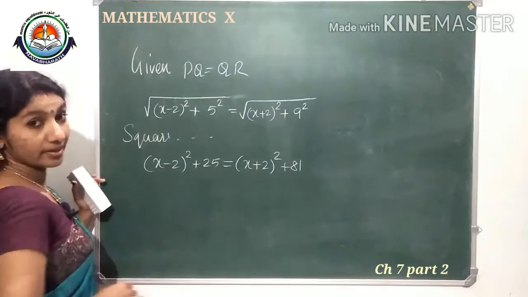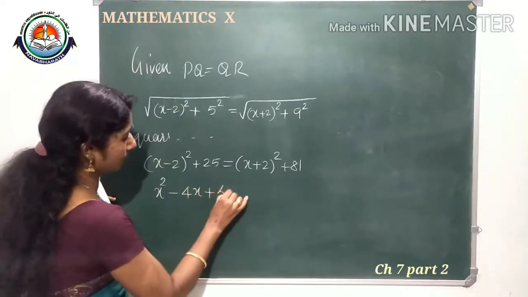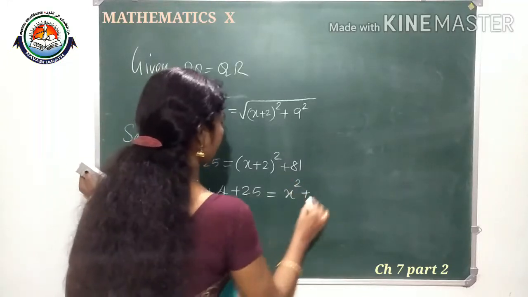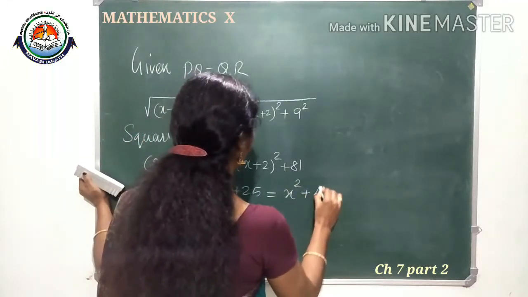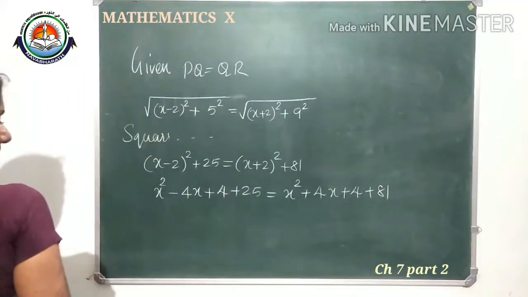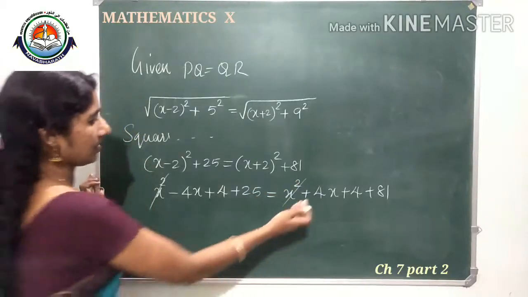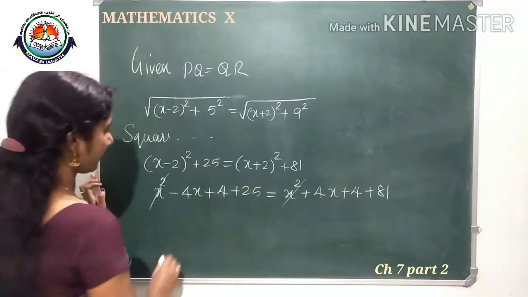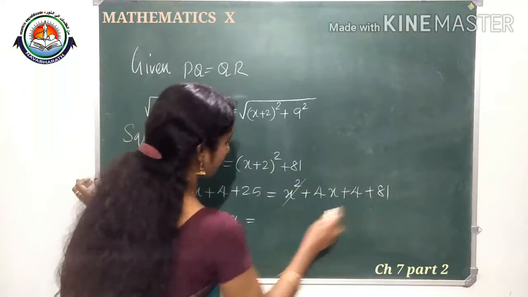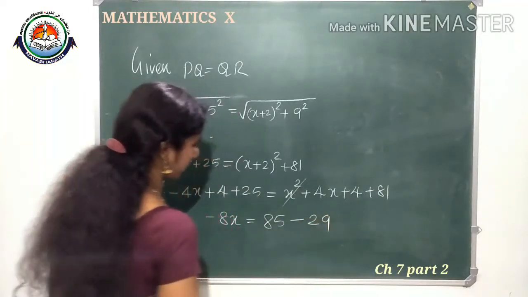Then expand this one, (a minus b) whole square: x square minus 4x plus 4 plus 25 equal to x square plus 4x plus 4 plus 81. Then the x square common term from the left side and right side we can cancel. Let this 4x come to here. So we are getting minus 8x equal to 81 plus 4 is 85, minus 25 plus 4 is 29.